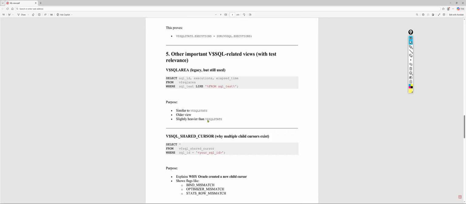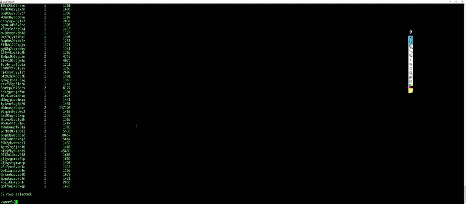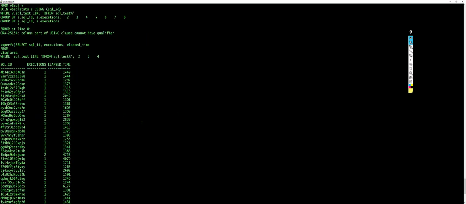Okay, so next let us go to V$SQLAREA. This is an old view, or we can say a legacy view. It is used in the older versions like 10g and before, but this view is still used in the latest versions as well. Currently I'm using 19c, and this view is still there in 19c.